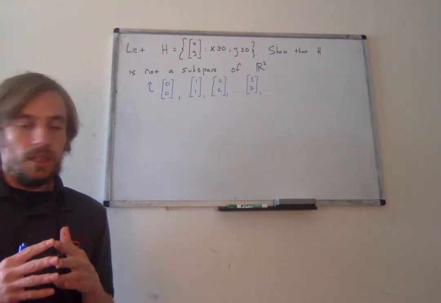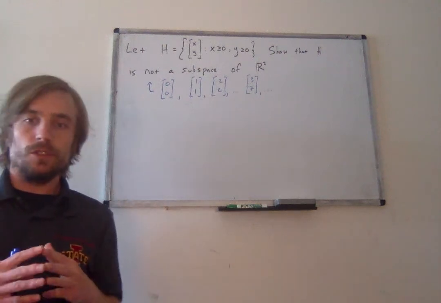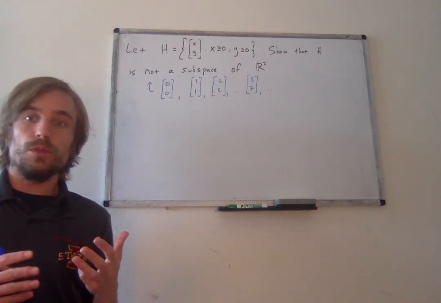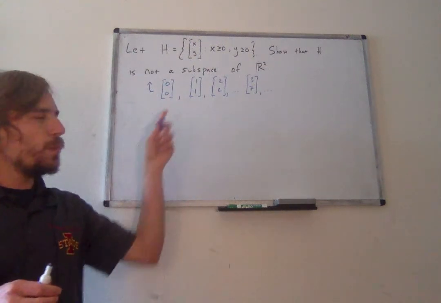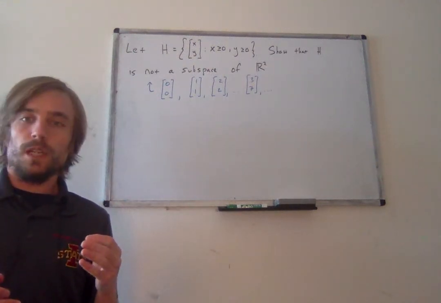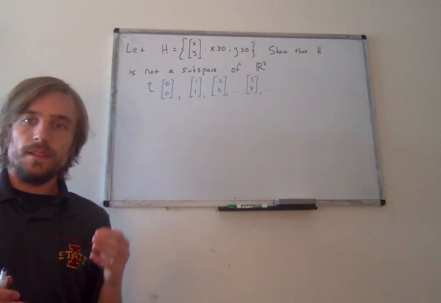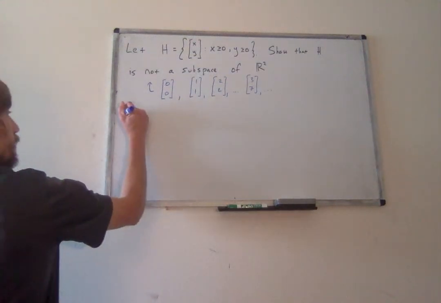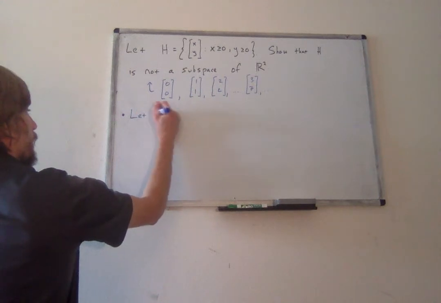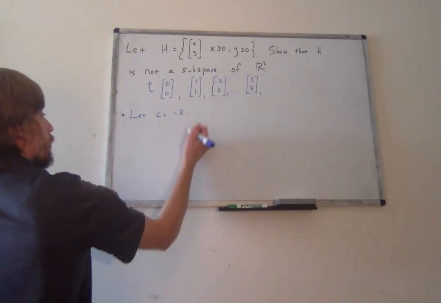Well, I know that a sum of 2 of these vectors is still going to leave me with 2 positive entries. But notice, this space should be closed under scalar multiplication for any scalar C. And so if I want to break this, I'm just going to let C equal -2.